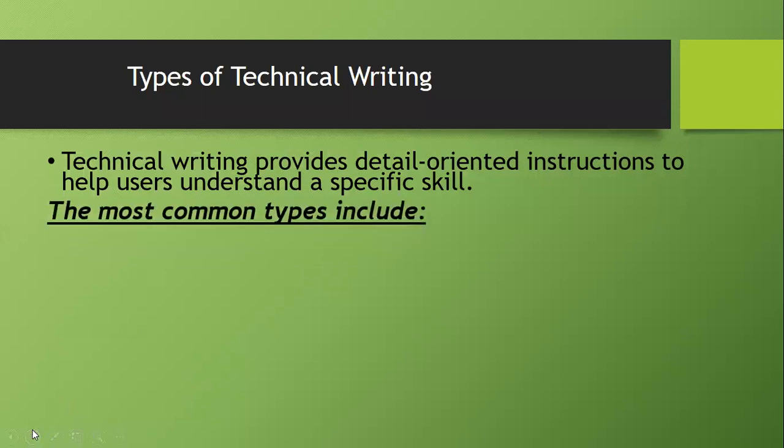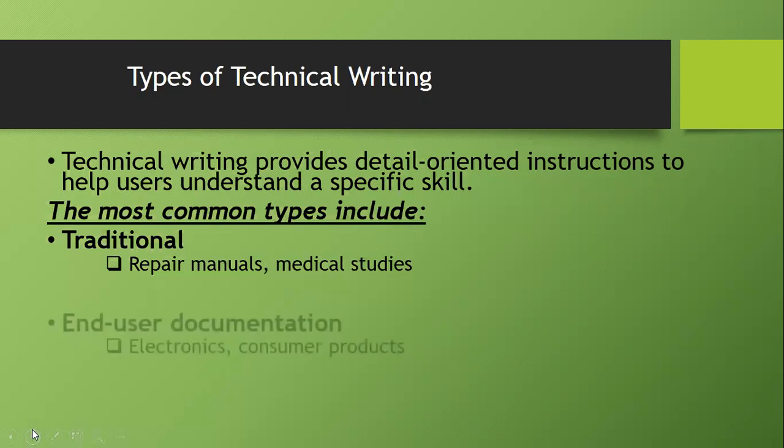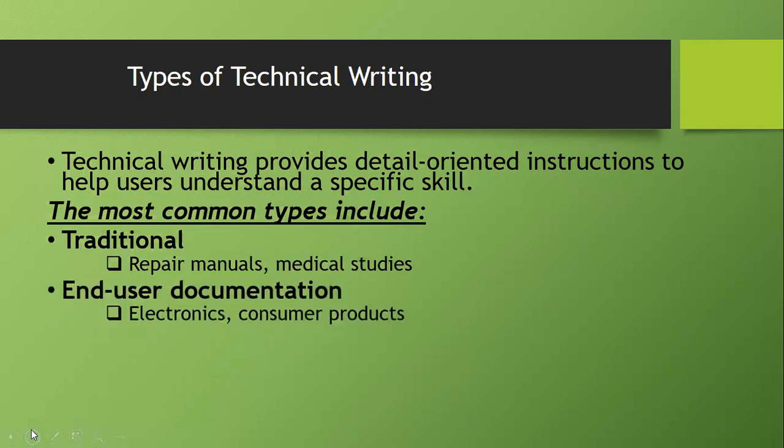All right, so the most common types of technical writing include traditional technical writing, and that would be repair manuals and medical studies. The other common type is end-user documentation for electronics and consumer products, right?